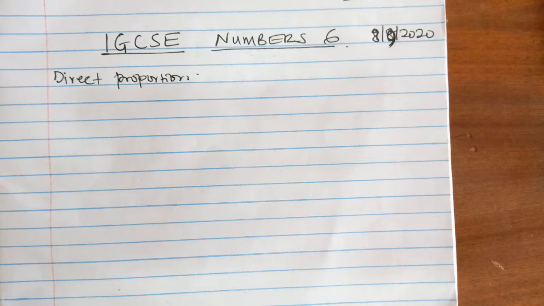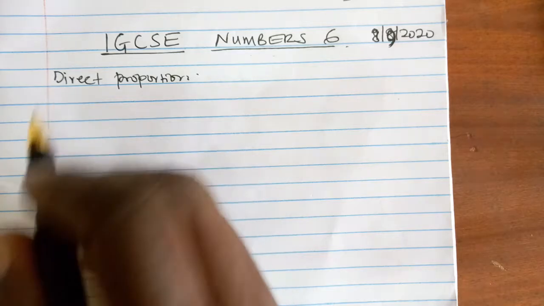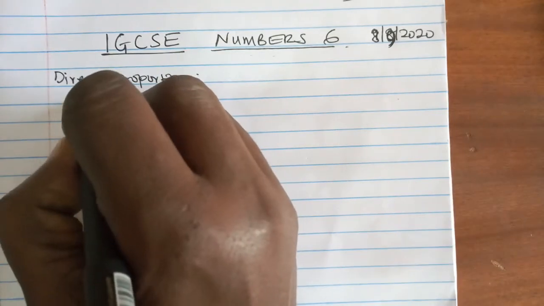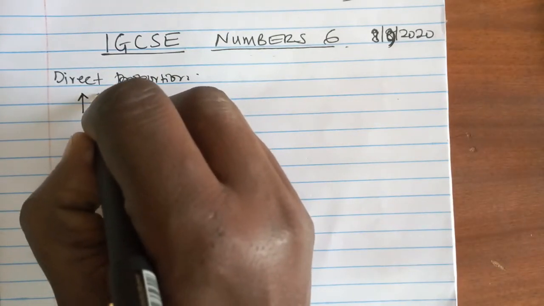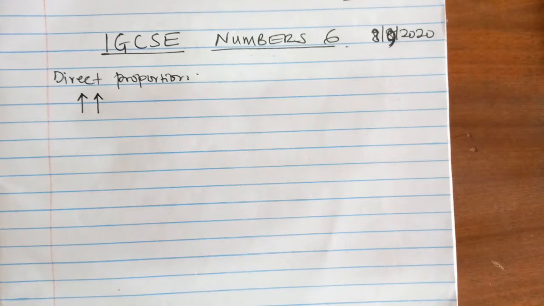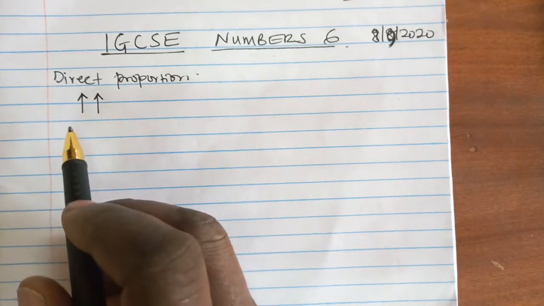For example, if one quantity is multiplied by 2, the other quantity is also multiplied by 2. That means when one quantity increases, the other quantity increases. Basically, this is what we should understand.